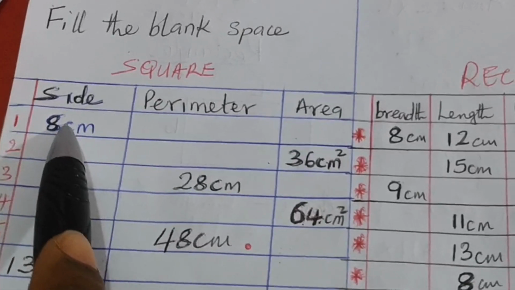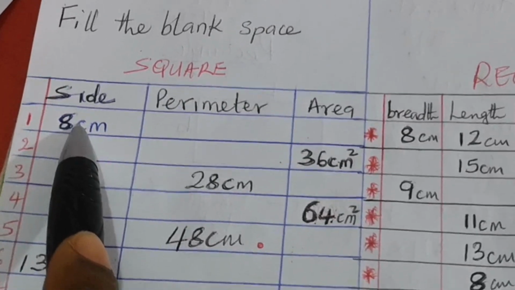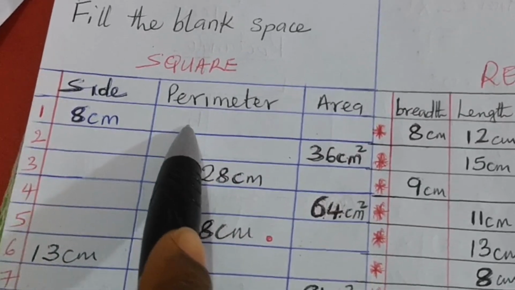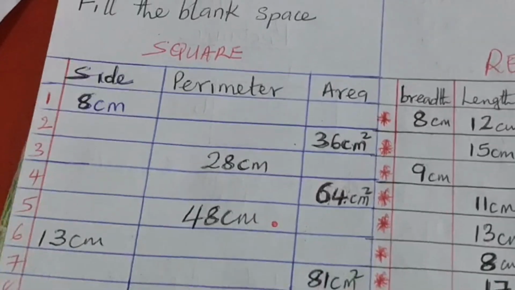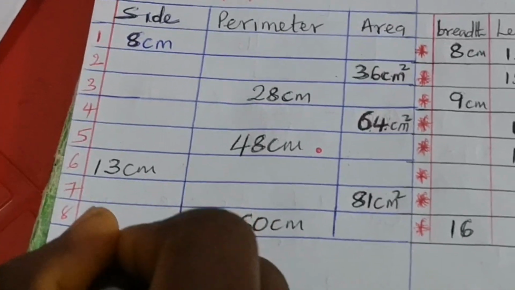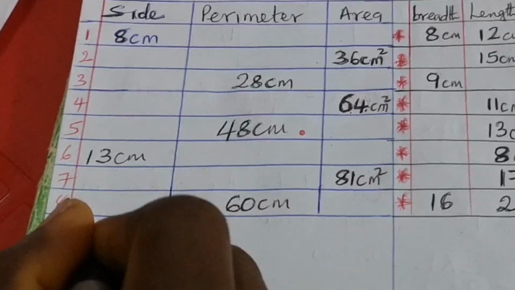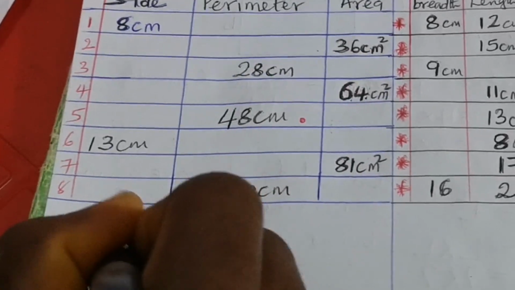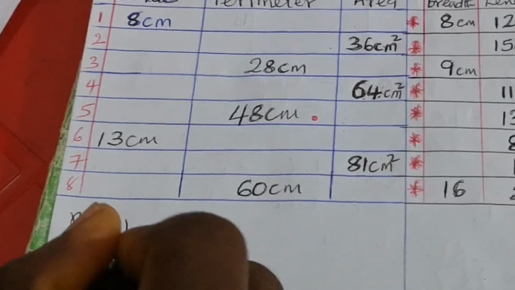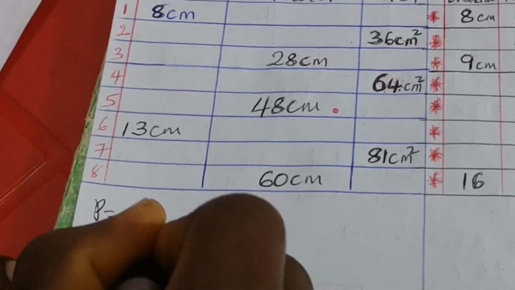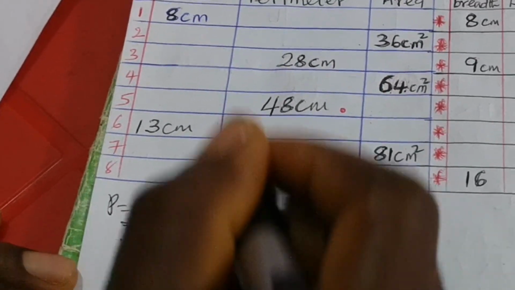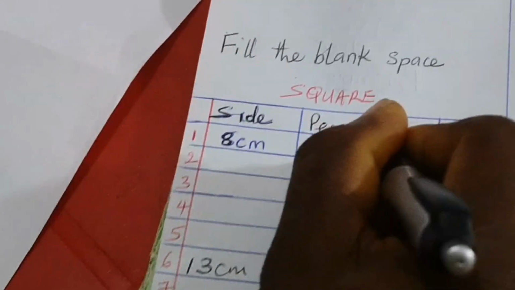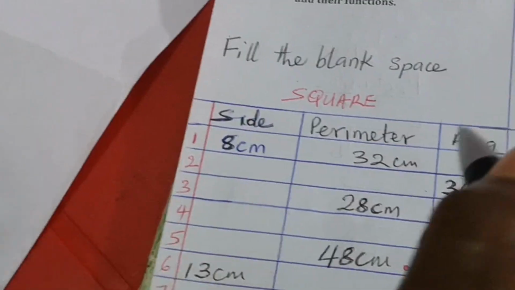Since the side here is 8, what would the perimeter be? The perimeter would be 4L, which is equal to 4 times 8, and 4 times 8 is 32 cm. So here is 32 cm.